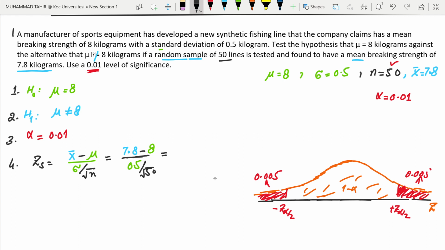So if you put everything here, the z sample value you get is minus 2.83. Now this is a bit different from right and left tail. So this is two tails.